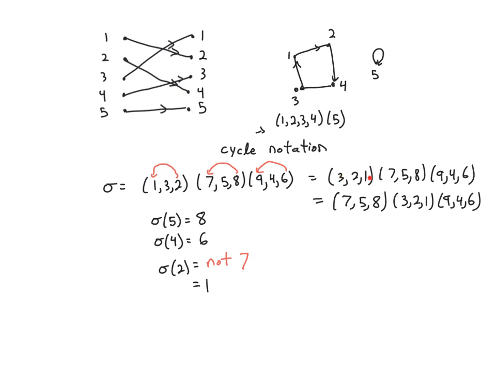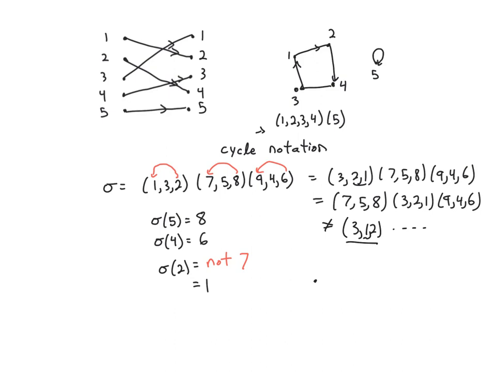However, it's worth pointing out this looping around is the only thing you're allowed to do. Why? Because this actually is different than if I switch the order of 1 and 2 here. That actually is a different permutation. Because if you write down the graph for that, the arrows change direction.